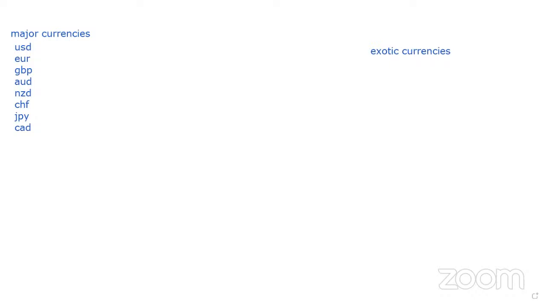Now, commodity currencies are currencies whose economic strength depends on the commodity they produce, such as AUD. Australia is one of the top producers of gold.